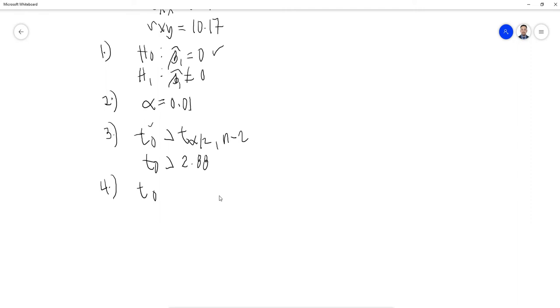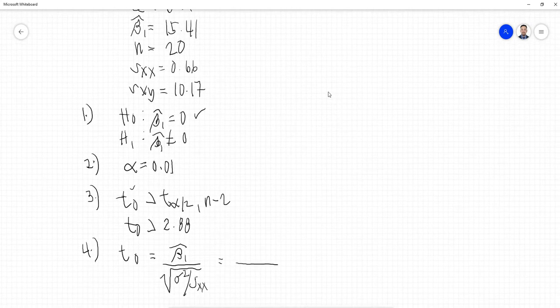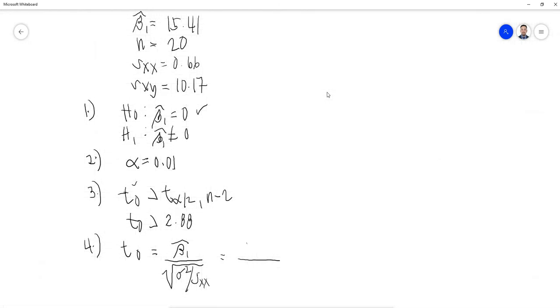The formula is t sub o is equal to the slope divided by square root of sigma squared divided by S sub double x. Our slope is 15.41 divided by our sigma squared.